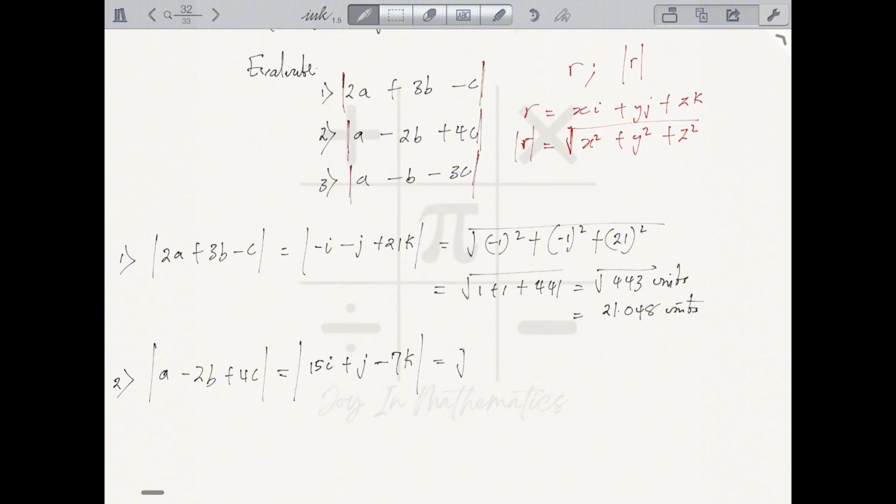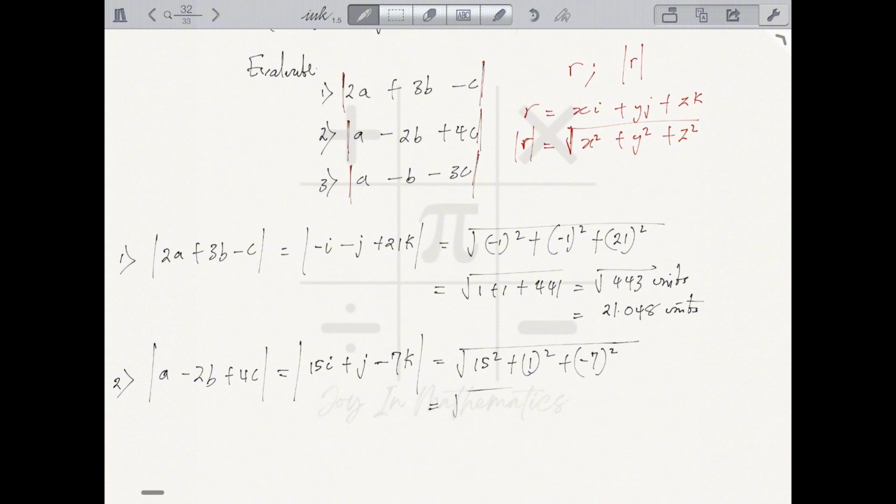So the magnitude is equal to the square root of the sum of the individual squares. So this is 15 squared, plus 1 squared, and this will be minus 7 squared.